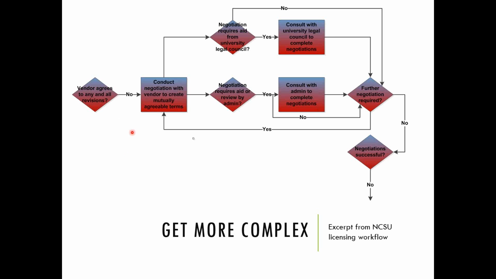So this kind of just shows that there's two roles that might take this on. And you can see, I won't try to go through this every step, but basically we're doing a lot of negotiation and trying to show that we're negotiating with the vendor, but sometimes this negotiation requires aid from someone in our library administration, and sometimes it requires aid from our university legal counsel.